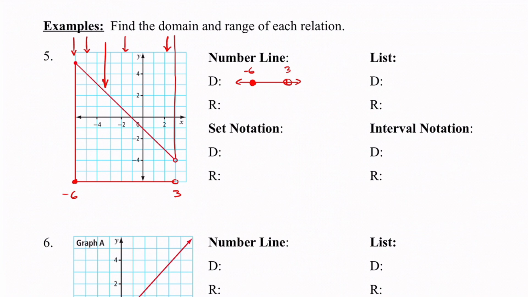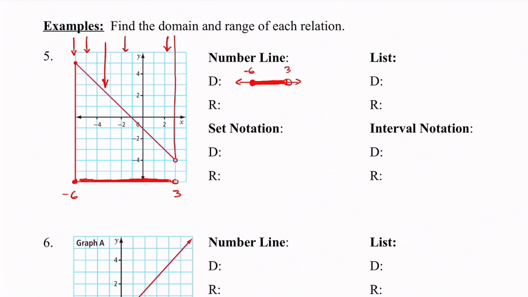Okay, and then in between, we had the shading going from one to the other, because that was all shadow. So I'm going to shade on my line. Just make sure you do it thick enough that it's easy to see. So it goes from -6 up to 3, but then we got an open dot because it actually doesn't include the 3.